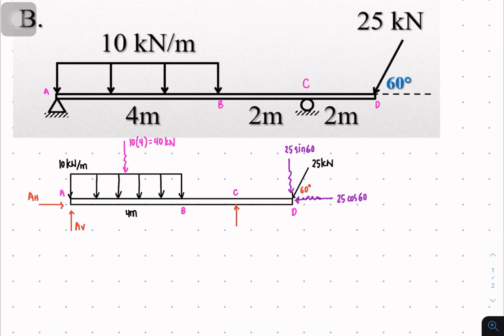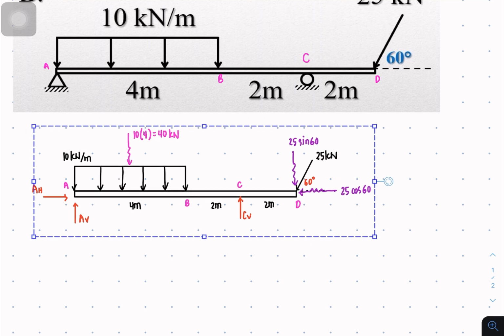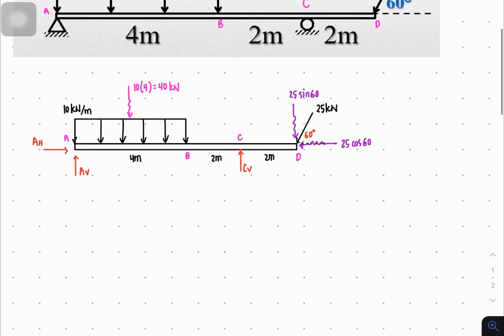So this is C vertical. And by the way, these are distances: 2 meters on the left and 2 meters on the right. Okay, so let's move this a little bit lower. This one.